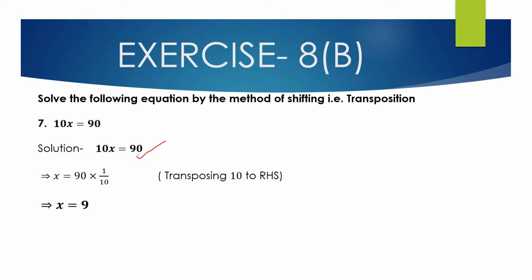Now x will be 10 multiplied with x on the left hand side, 10 transposed to the right hand side, then multiplication 10 will be changed to division symbol. So x will be 90 divided by 10, and 90 divided by 10 is 9. Now we get x is 9. So value for the variable x is 9.